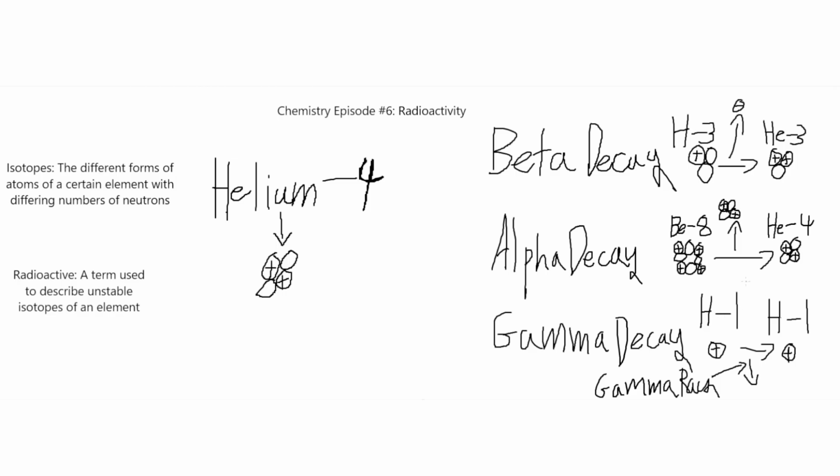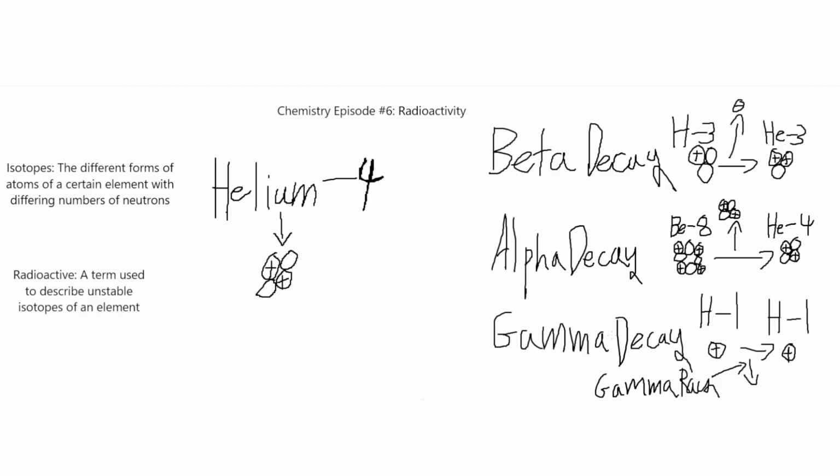So H1 becomes H1. That's because gamma decay releases gamma rays. When an atom is excited, meaning it has too much energy, it releases that energy in the form of gamma rays. So the number of protons, neutrons, and electrons stays the same. It just releases that energy.